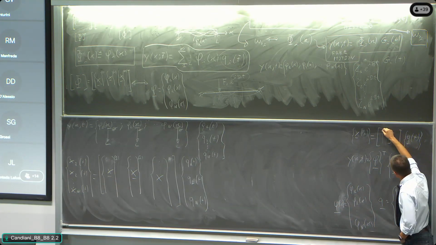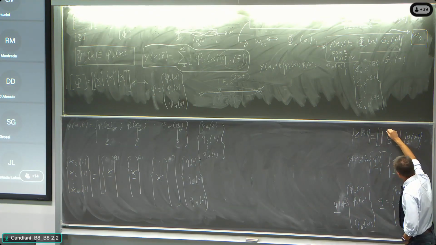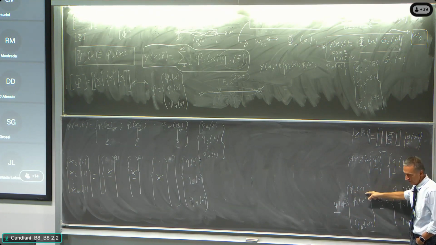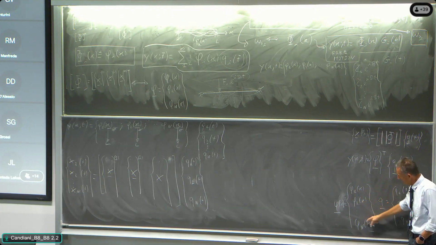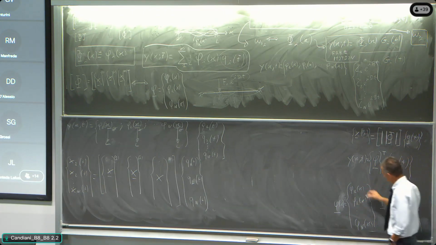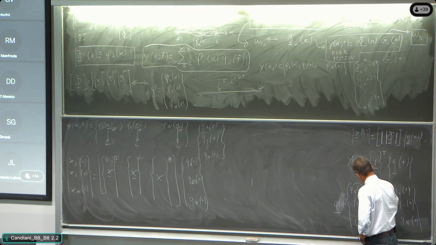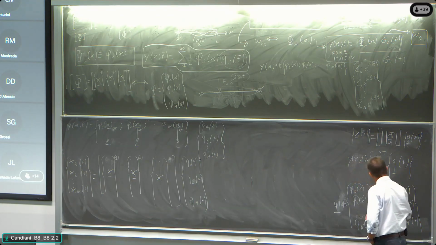Here you have the eigenvector, that is the mode shape 1, the eigenvector 2, that is the mode shape 2, the eigenvector n, and here we have the eigenfunction 1, the eigenfunction 2, the eigenfunction n, all right?